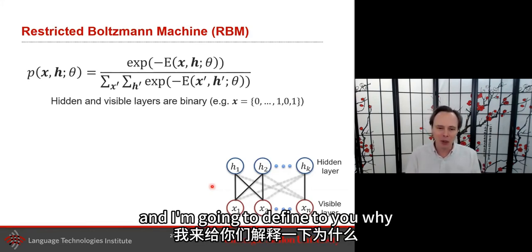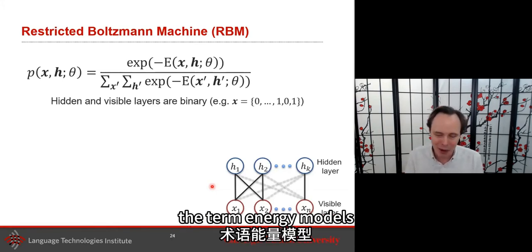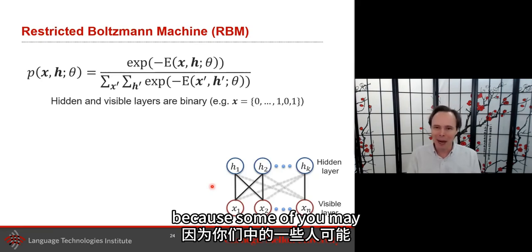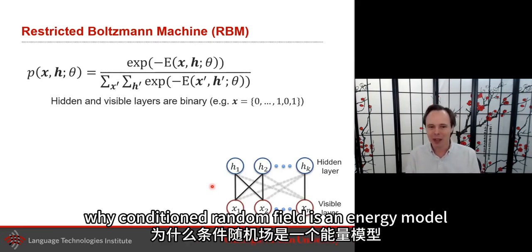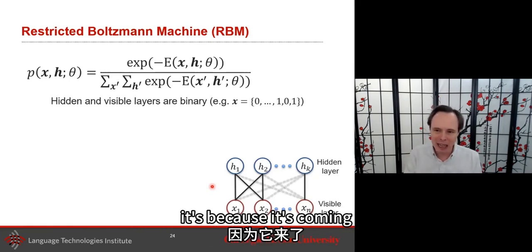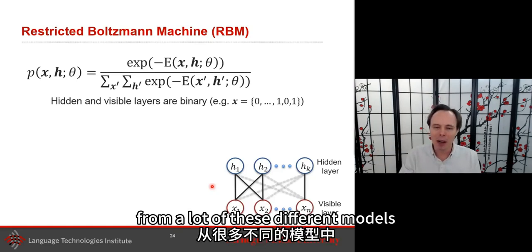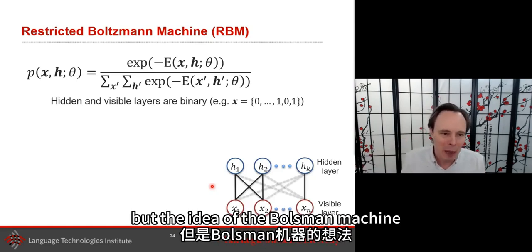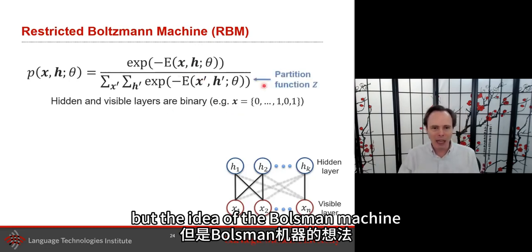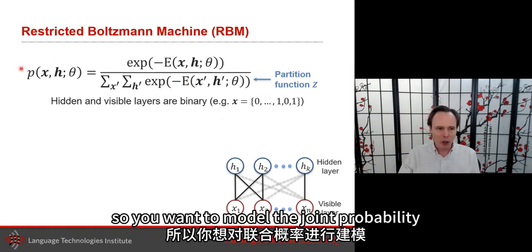And I'm going to define why the term energy model, because some of you may not realize why a conditional random field is an energy model. It's because it comes from a lot of these different models like the Boltzmann machine. The idea of the Boltzmann machine is that you want to model the joint probability.